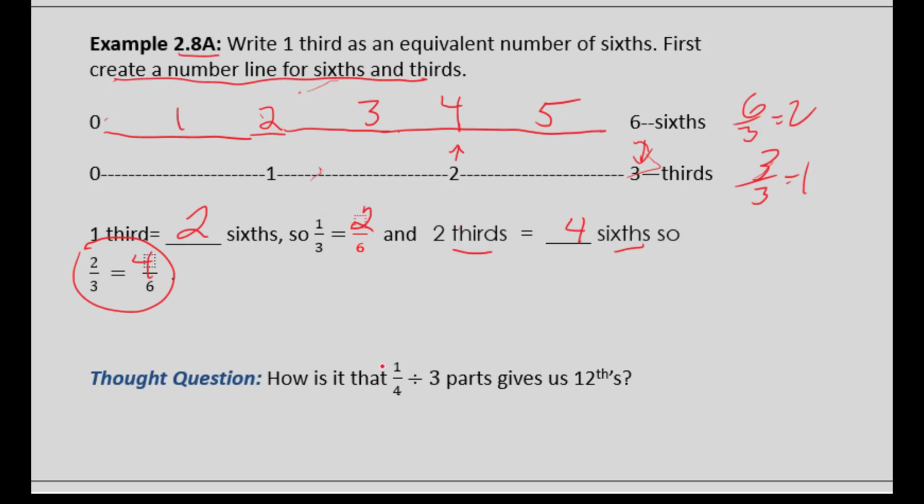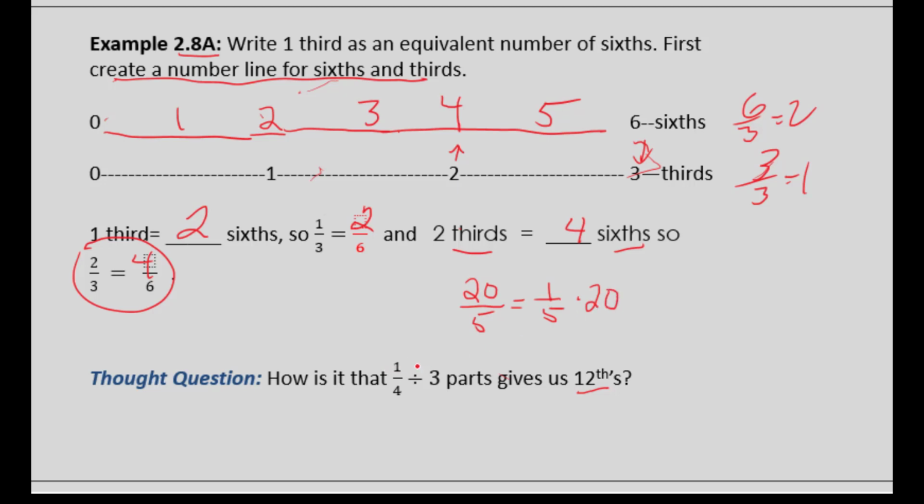Thought question. How is it that 1/4 divided into 3s gives us 12ths? Well, remember, 1 divided by 5, for example, is the same thing as 1/5. 20 divided by 5 is the same thing as 1/5 times 20.